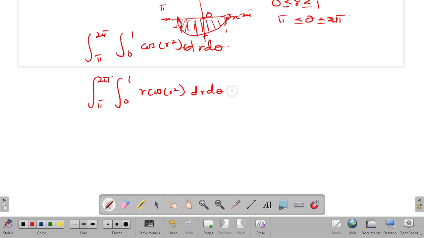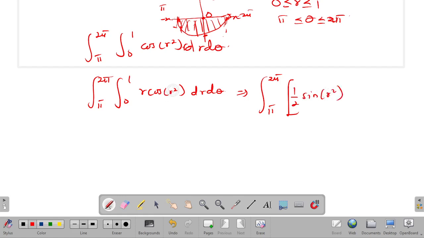With this expression, we first integrate with respect to r, using substitution, which we demonstrated in our previous problem. I'll entreat you to subscribe and visit the problems we solved. After substitution, you end up getting one half sine of r squared.